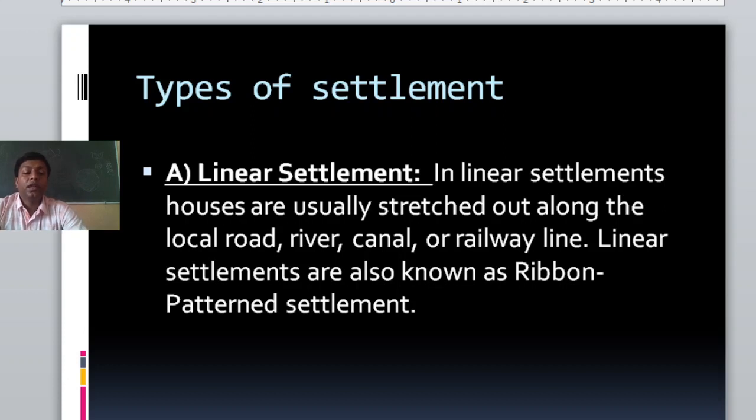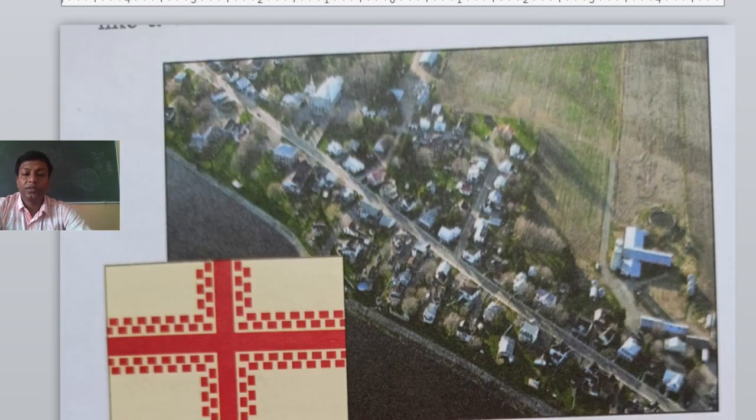So if settlements or buildings are in a row beside a road, river, or canal, it is a ribbon pattern, which you can also call a linear settlement. Look at this picture. On both sides of the road there are buildings and houses. So this is all about linear settlement.